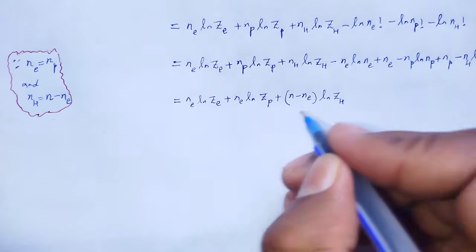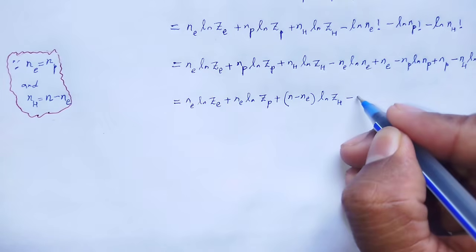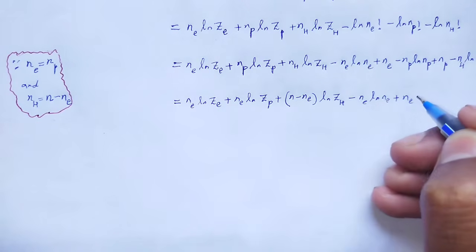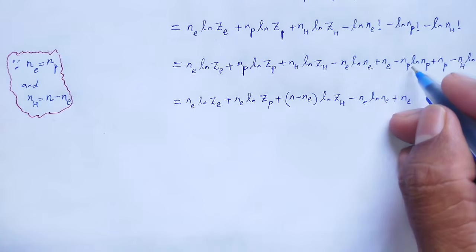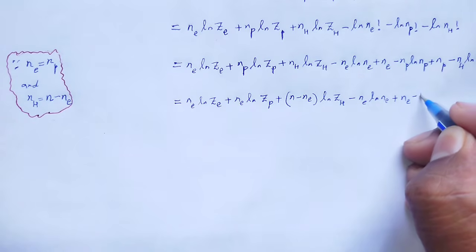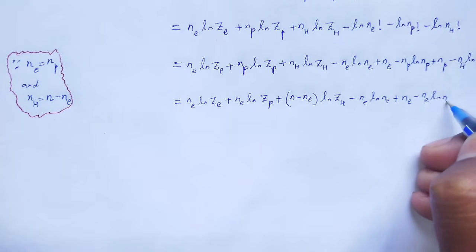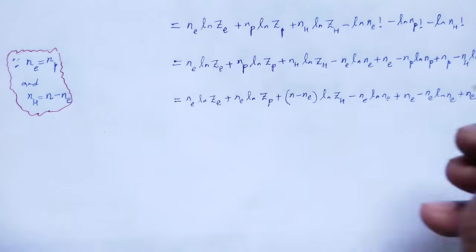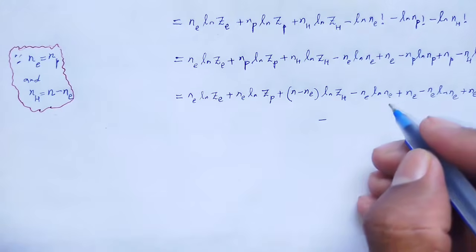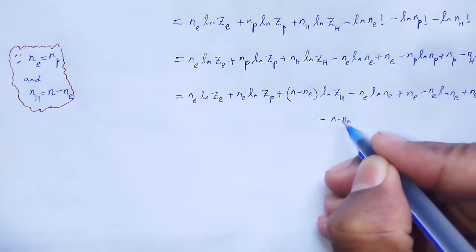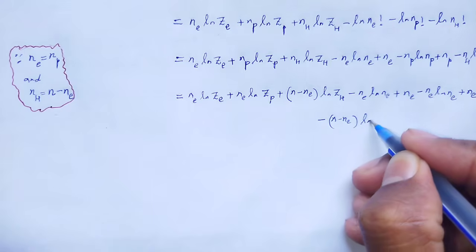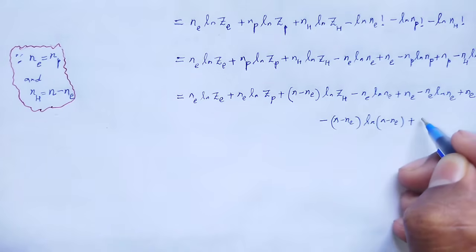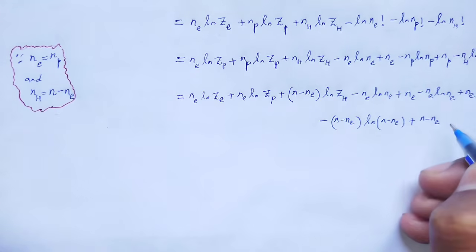Next, minus N_e ln N_e plus N_e, in place of N_p that is minus N_e ln N_e plus N_e, minus in place of N_h that is N minus N_e, ln of N minus N_e, plus N minus N_e.